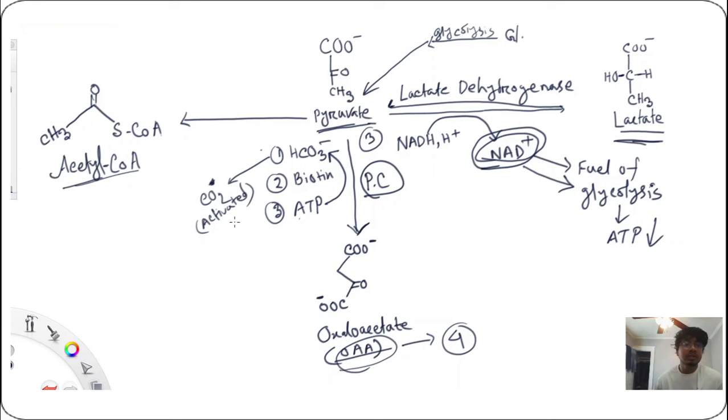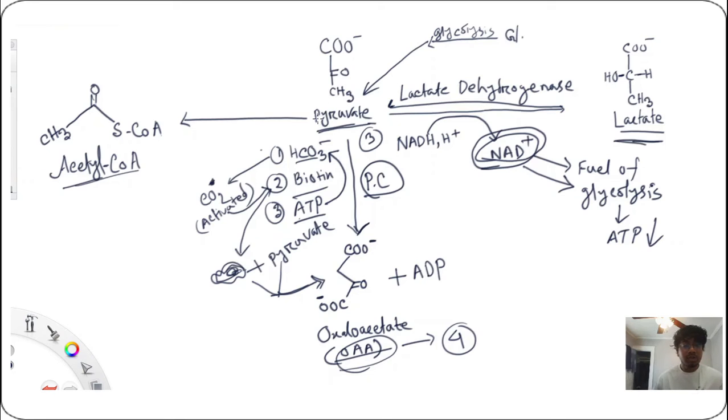This activated carbon dioxide later reacts with biotin, and this biotin will produce a compound like, if I draw it like that, and this compound will react with pyruvate, and this reaction produces oxaloacetate. Here you can see that. So this is how you can convert pyruvate to oxaloacetate, and you need bicarbonate, biotin and ATP. Here we also produce ADP.